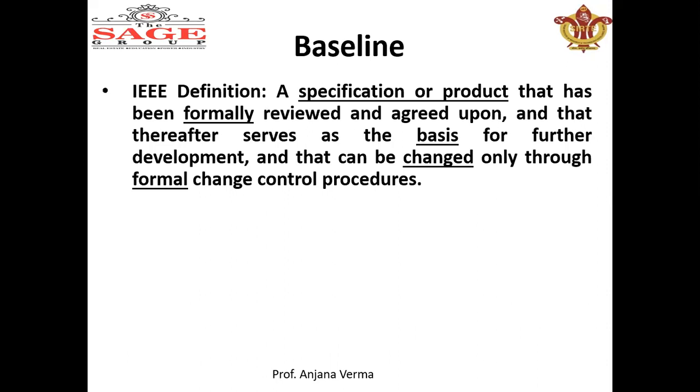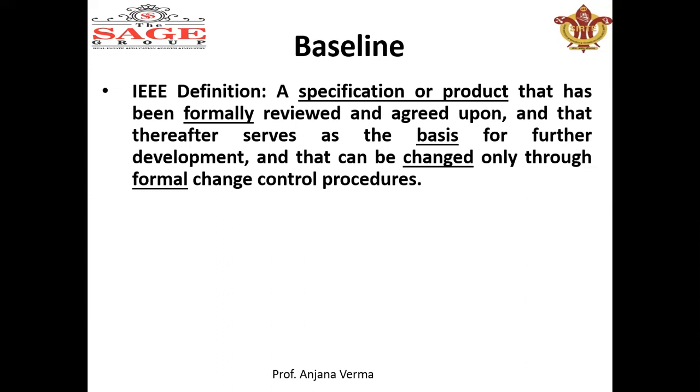The baseline, according to the IEEE definition, is any specification or product that has been formally reviewed. If you are reviewing a product and all the authorities have agreed, then, because you have handed over or delivered the software to the customer, if you want to change anything, you have to follow a process or some procedure.